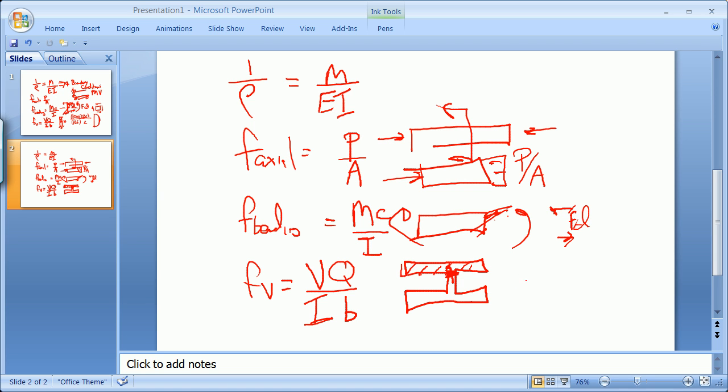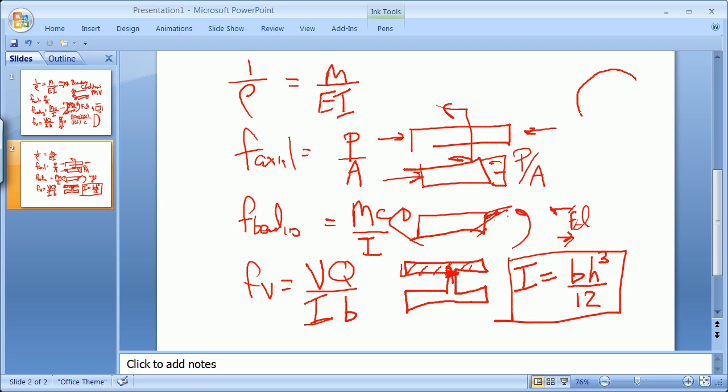Now, I pointed out in class that the moment of inertia, the second moment of the area for a rectangle is equal to BH cubed over 12. That should go in your head. I talked about in class as well, that no matter what shape you have, you can break it up into strips. And that's essentially what calculus is.